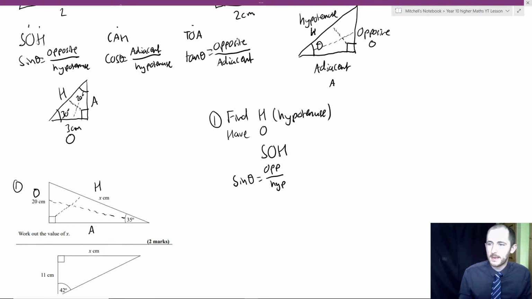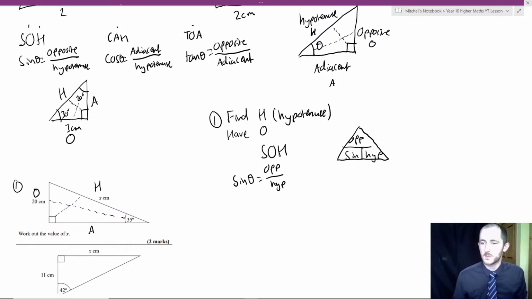The other way to do this is to use a formula triangle. So we're going to have sine in the bottom. Here we have hypotenuse, and above we have opposite. If we have this triangle, we can use that to work out the answer as well. So now if we want to find the hypotenuse, we need to rearrange this formula.